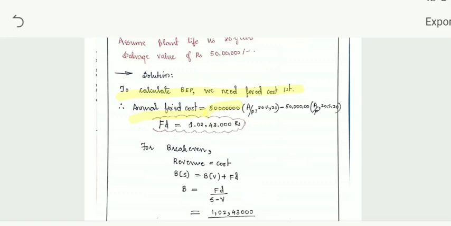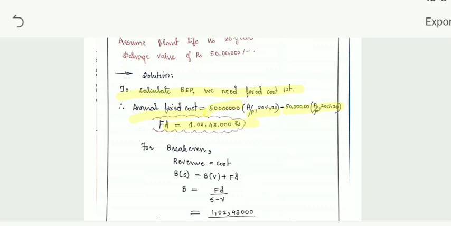So A by P, 20%, 20 years. I have referred to the compound interest table for the values, minus 50 lakhs A by F. Why future amount? Because it's the salvage value. Thus I am calculating annual worth of my salvage value. Thus the fixed cost I am getting is 1 crore 2 lakhs 43 rupees.